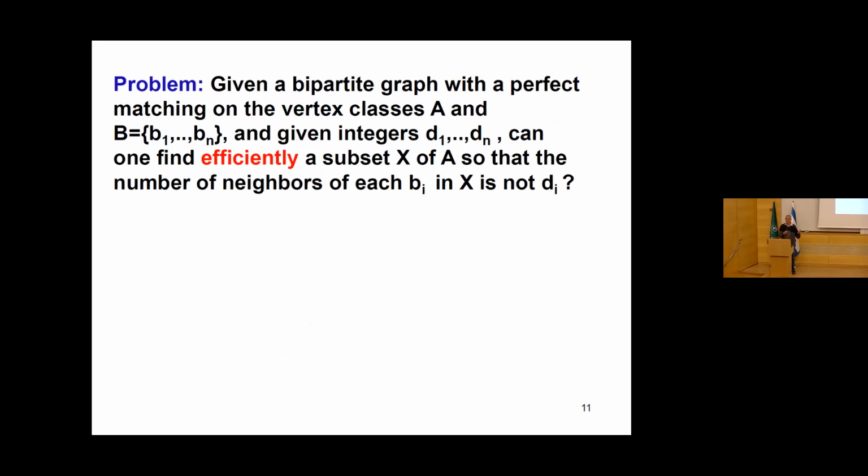So suppose you get a bipartite graph with a perfect matching, and you get these forbidden degrees, d1 up to dn. You know that there is a subset X of A so that the degree of the ith vertex of B in X is not di. Can you find such a set efficiently? It's not clear. Maybe it will be interesting.